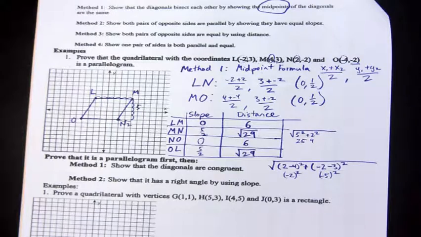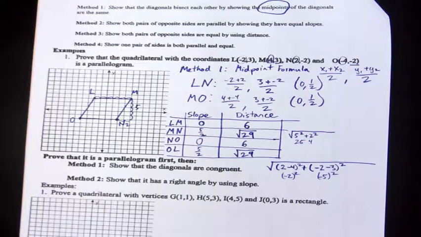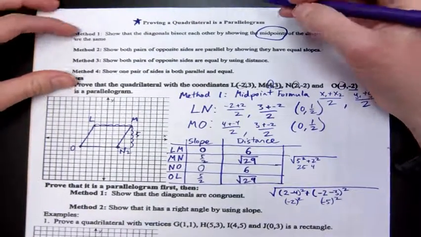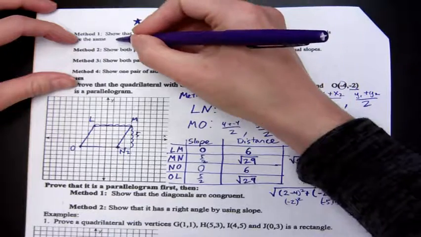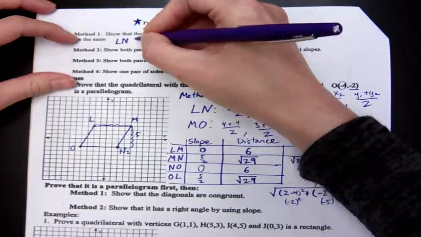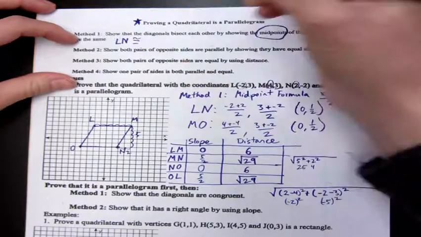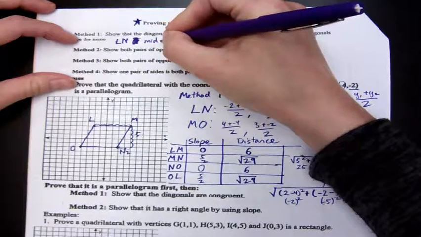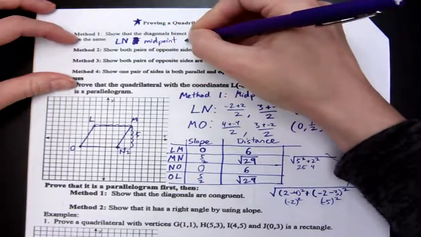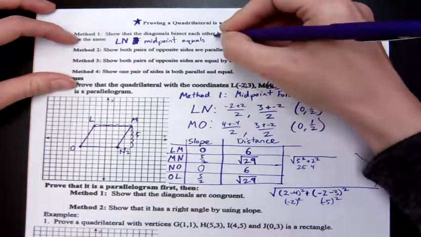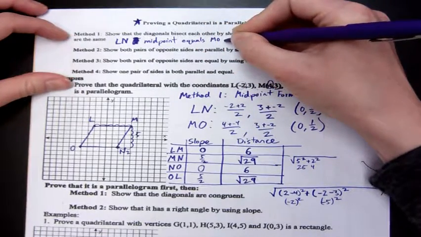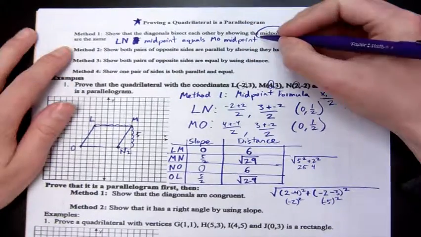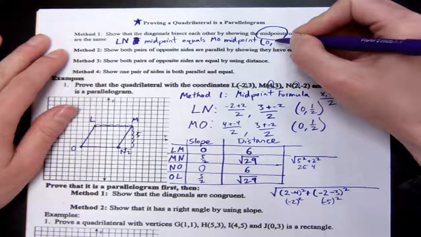Okay, and now what we have to do is write our proof statements. We now have the evidence to back it up, but we just have to come back up here and write our proof statements. So our proof statement would be LN midpoint equals MO midpoint for that first one, and then I'm going to go ahead and list out their 0 and 1/2.